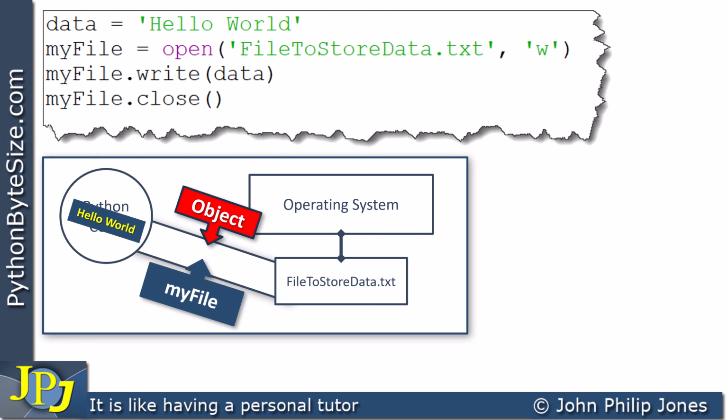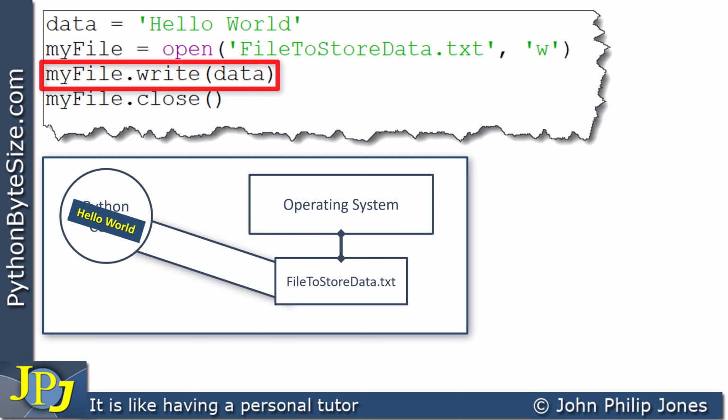And because it is an object, we could use methods associated with that object. This is the next program statement to execute, and you can see it referring to the stream, and it is invoking the write method, and it's going to transfer the data passed to this write method as illustrated in the diagram below.